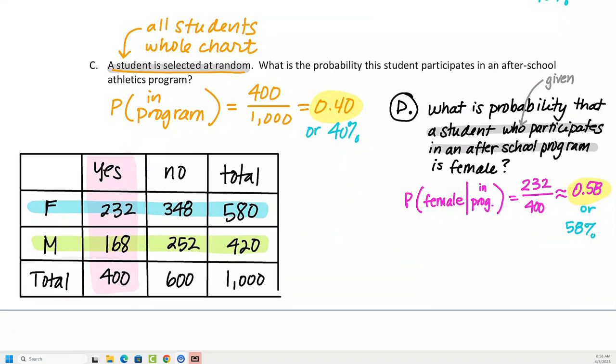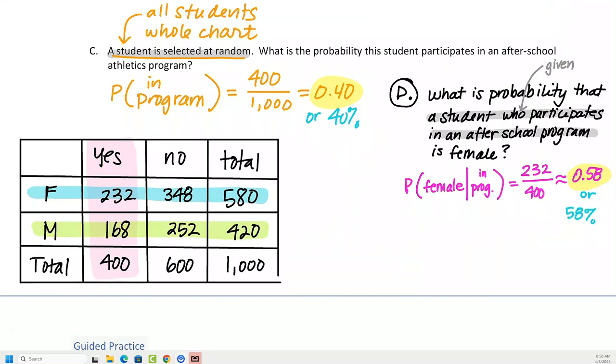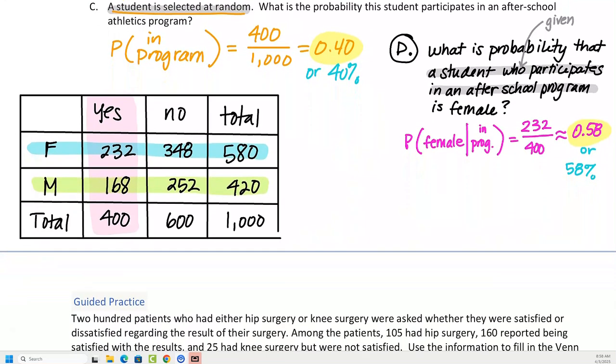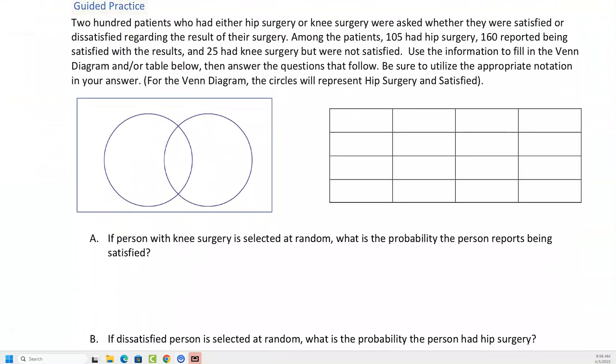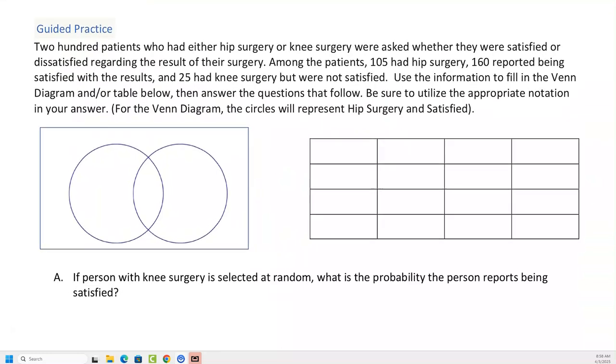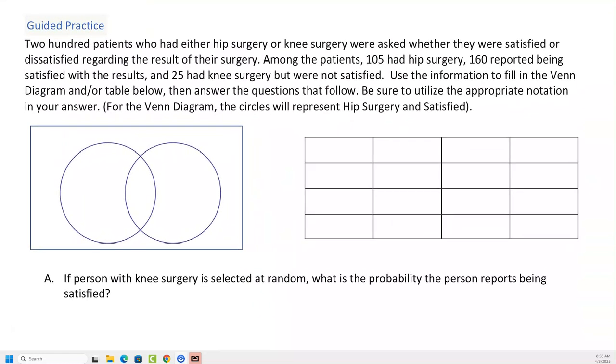Let's just do one more problem. Anyone still copying that down? Okay. Guided practice. So this is technically one that you guys should do on your own. We'll just kind of do it together here. 200 patients who had either hip surgery or knee surgery were asked whether they were satisfied or dissatisfied regarding the results of their surgery.